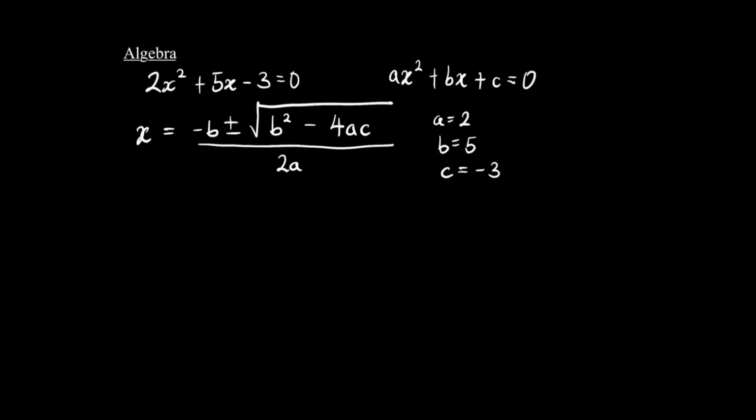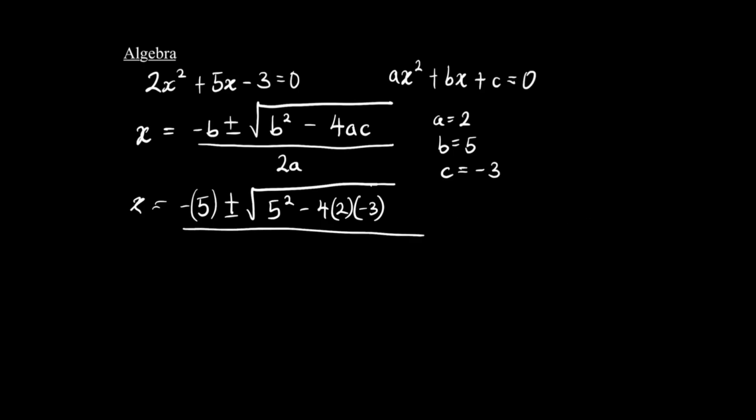We'll end up having a solution. Mind you, because it's a quadratic equation and the highest power of x here is 2, we'll have two solutions for the problem. So we can now say x equals negative 5 plus or minus the square root of 5 squared minus 4 multiplied by a is 2 multiplied by c is negative 3.